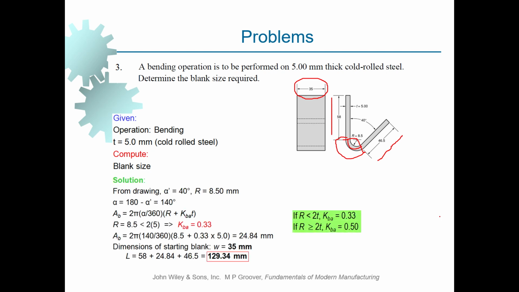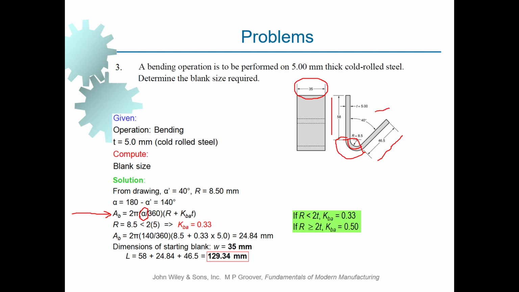In order to do that, what we need to do is to make use of the equation for bending as it was provided in the equation sheet, this one. And the bend angle here, alpha, is the angle of bending that is to be applied in order to get this part.